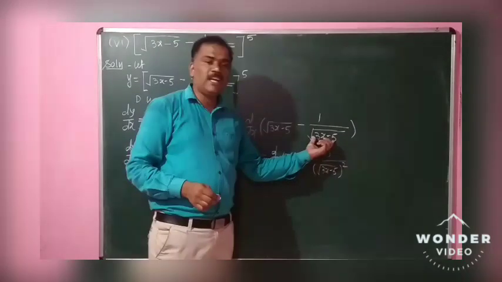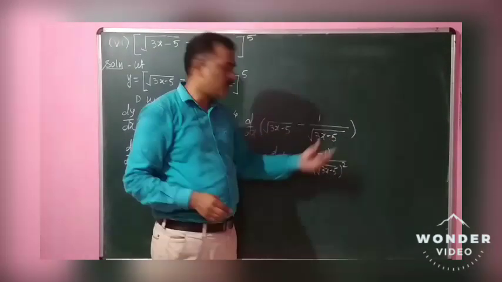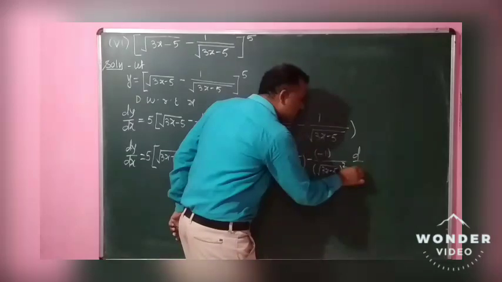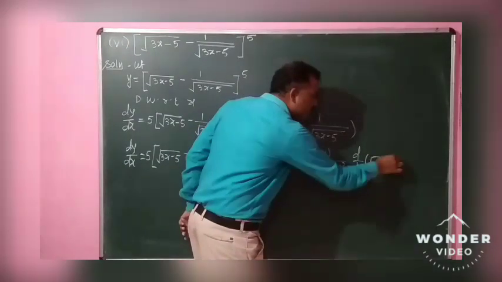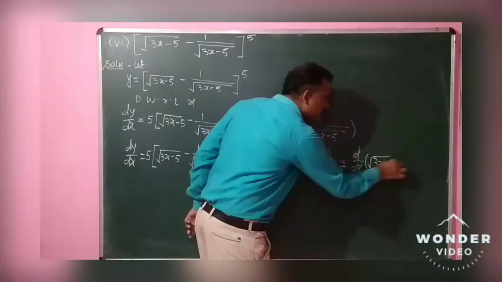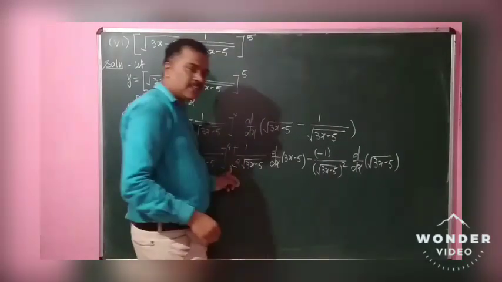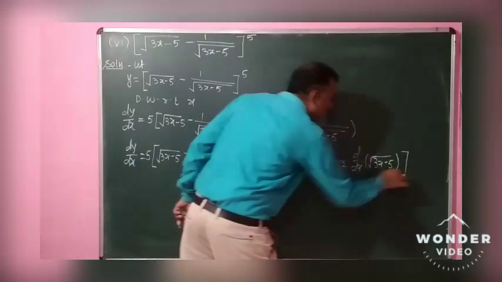Now we take the derivative of root 3x minus 5, into d by dx of root of 3x minus 5. This bracket starts here and finishes here.